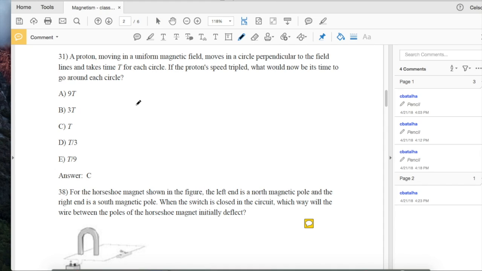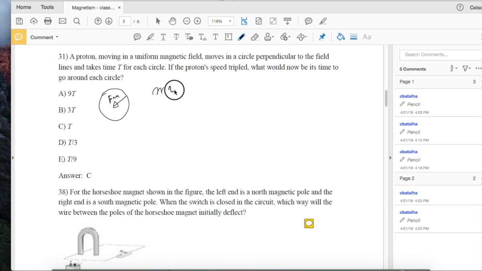Okay, so let's do this one over here. When you have a particle going in a circle, you have a magnetic force, and that happens to be also the centripetal force. So let's review physics 2A.